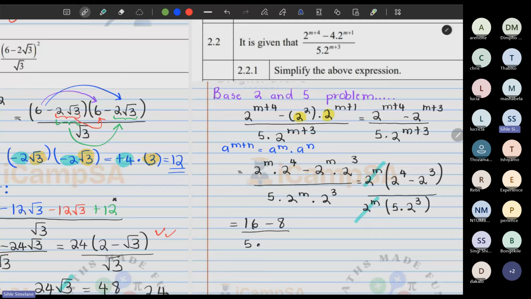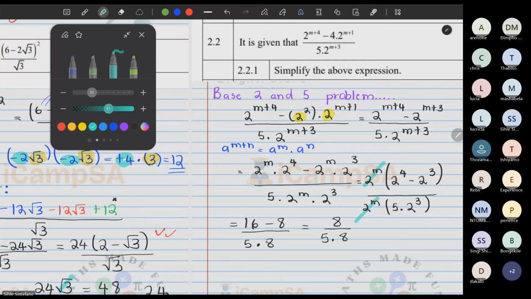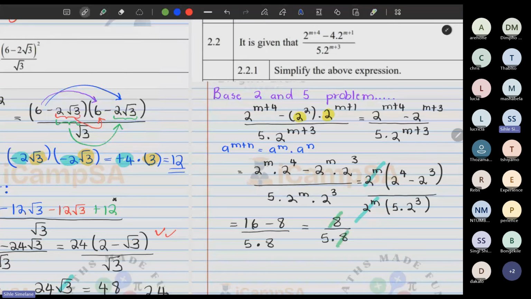Divided by 5 times, what is 2 to the 3? 8. So 16 minus 8 becomes 8. Then we have 5 times 8 here, and guess what? The 8s, they like one another, so they should cancel. So you'll have an 8 and an 8. Then the answer which we end up getting is 1 over 5.